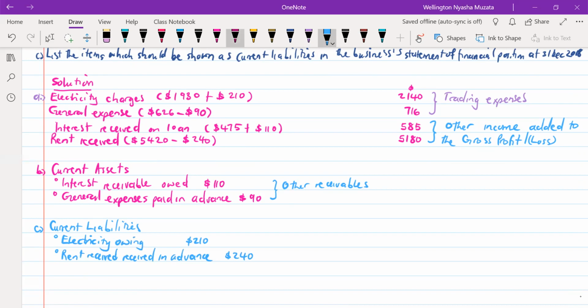And we should bear in mind that these two are considered to be part of what we call other payables in the statement of financial position.